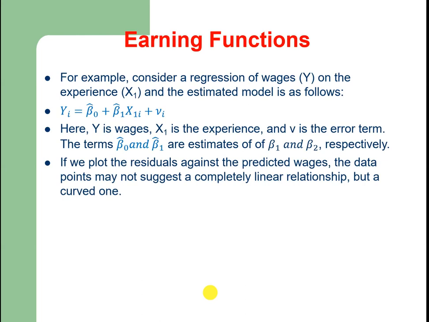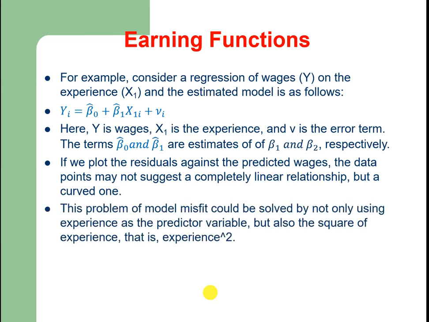If we plot the residuals of this model against the predicted wages, the data points may not suggest a completely linear relationship but a curved one. We will see that when we analyze the data later in this presentation. This problem of model misfit could be solved by using not only experience as the explanatory or predictor variable, but also the square of experience, that is, experience squared.